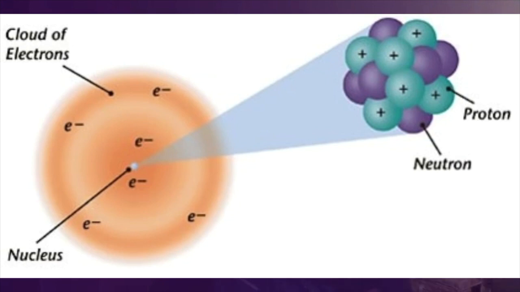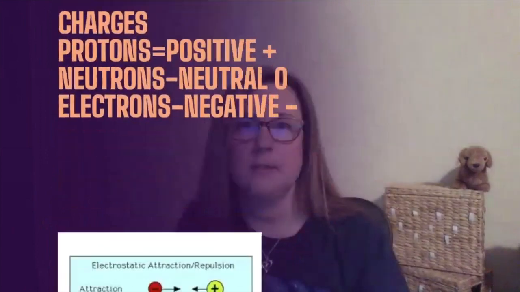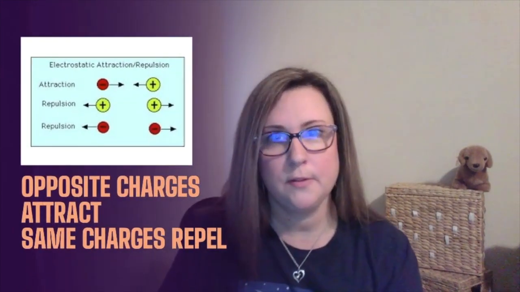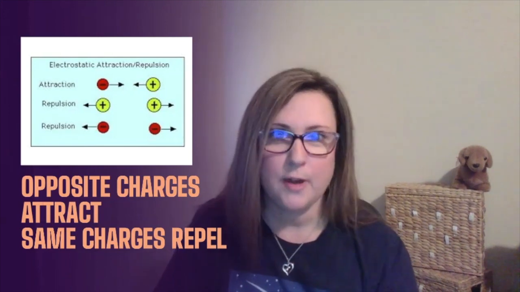The neutrons don't have anything on them. Sometimes they might have a 0, but they can go with nothing also to show they have no charge. And then electrons are outside of the nucleus, and you can see that in that main circular area with the little e minuses. And again, now you know that the minus sign is for negative. So there's another model we got to look at there. So speaking of these charges, you've probably heard the phrase before, opposites attract.